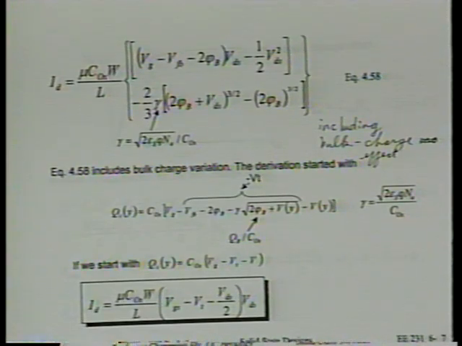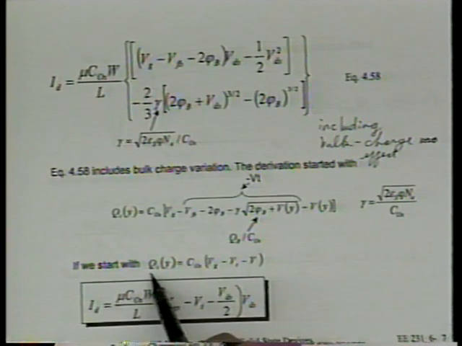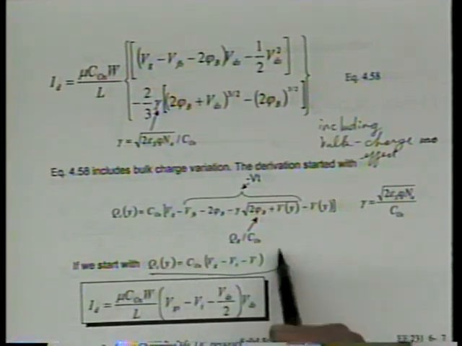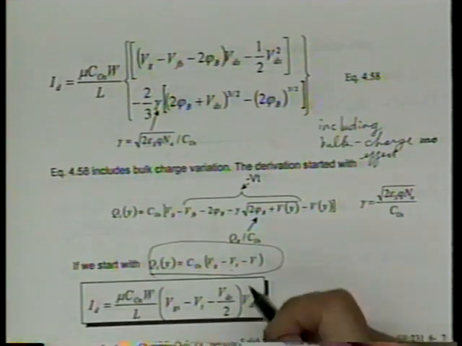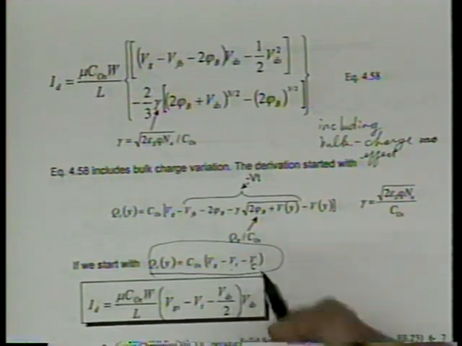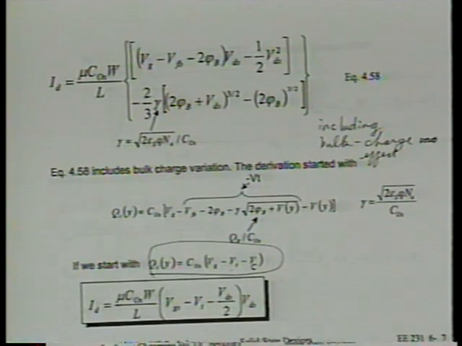We can also make an approximation. That is, the Vt does not change throughout the channel. In other words, Qi is simply equal to Cox times Vg minus Vt minus V. I guess last time we called this Vc, the channel voltage; V or Vc means the same thing.